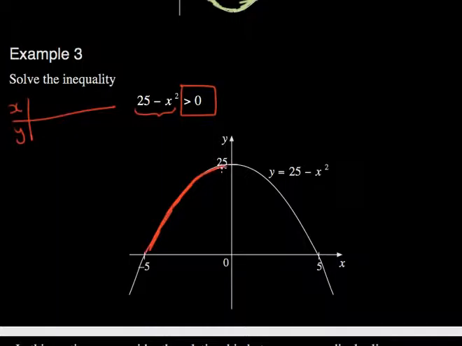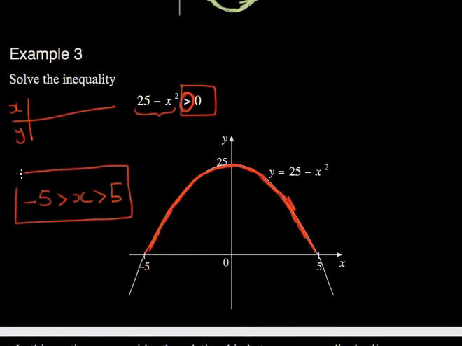And I'm only highlighting one section of the graph, so I'm only going to have one inequality. And the inequality will be between -5 and 5. So it's -5 and 5. But what symbols do I use here? I use the same one as I've got there. And that's it, that is solved the inequality.